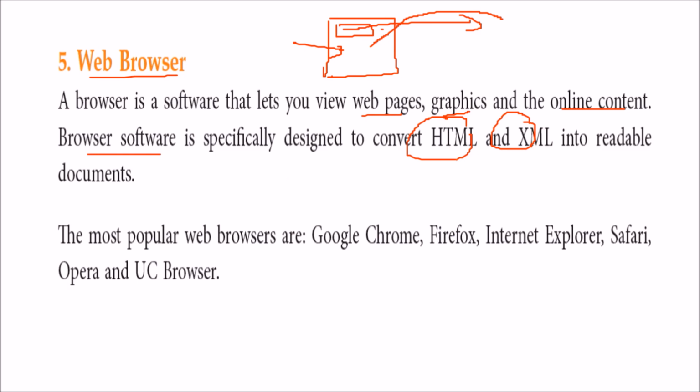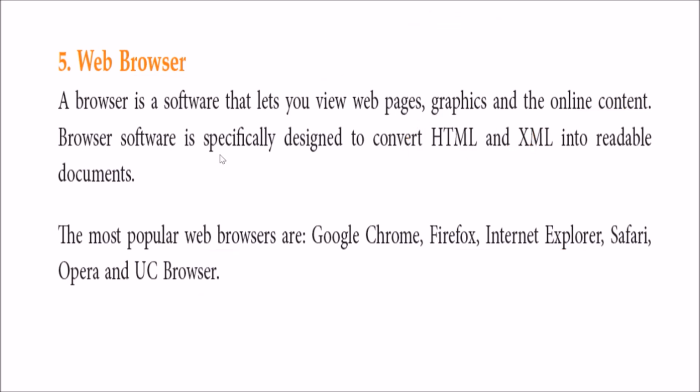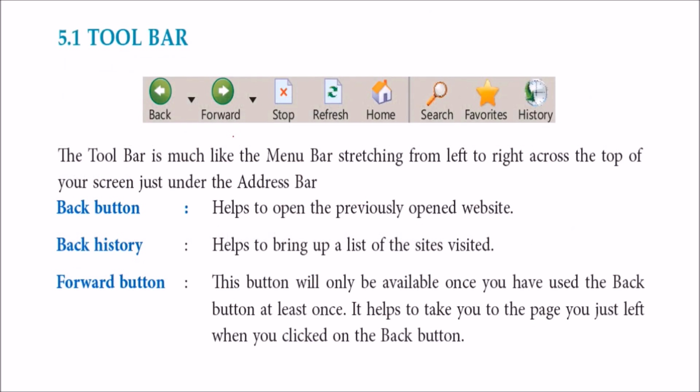HTML is a language, okay? XML is also a kind of language. But if you are able to see it in a proper way, that is the web browser. So there are various web browsers: Google Chrome, Firefox, Internet Explorer, Safari, Opera, UC Browser. There are so many. So this is just an example.